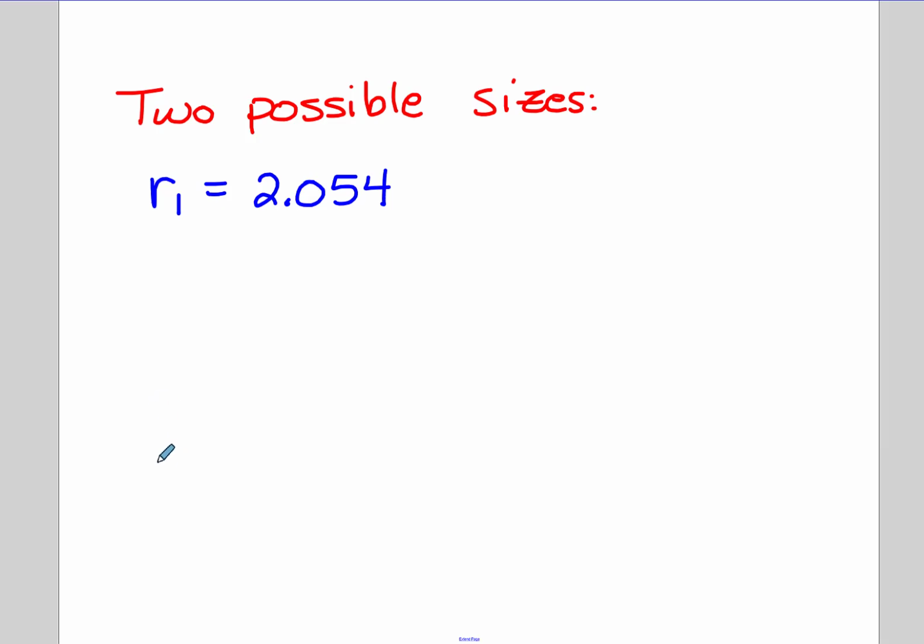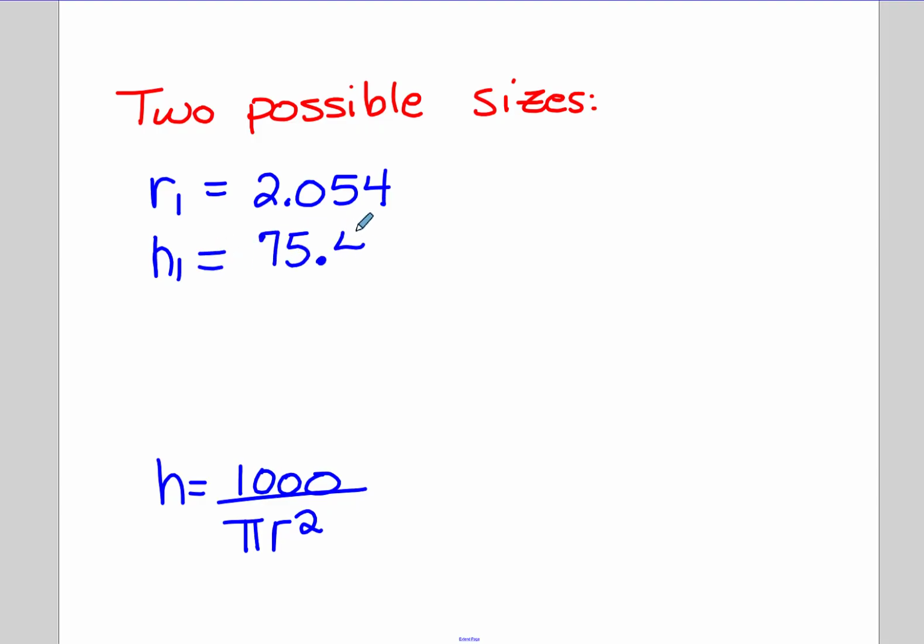And you know my height formula is 1,000 divided by pi r squared. So if we substitute 2.054 into this height, our height on the first can is about 75.44 centimeters.